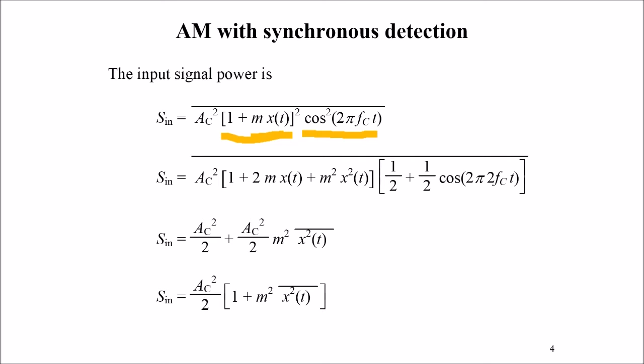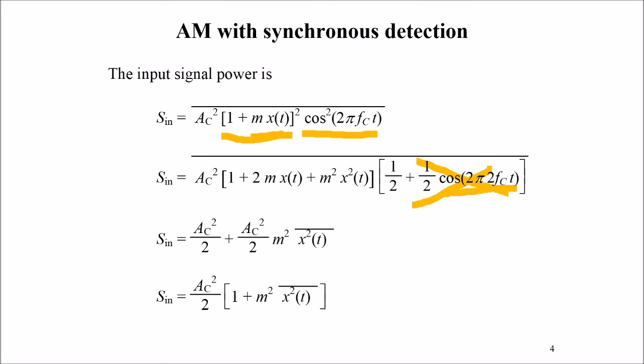Now, all of the terms that involve this cosine of 2 pi times 2 f_c t will time average to 0. So we don't have to consider anything multiplied by this last term, because those would all time average to 0. So we now have a 1/2 distributed across these three terms.